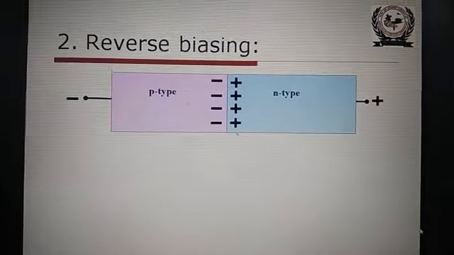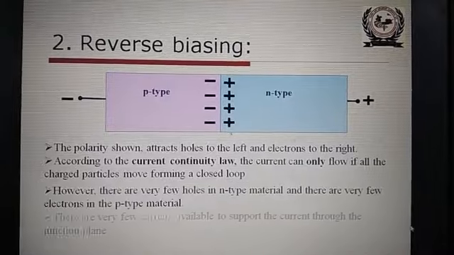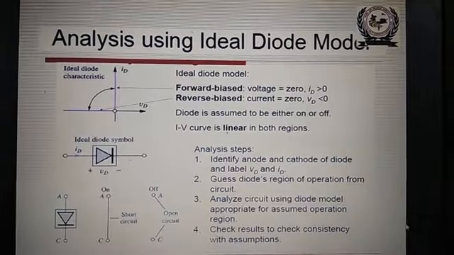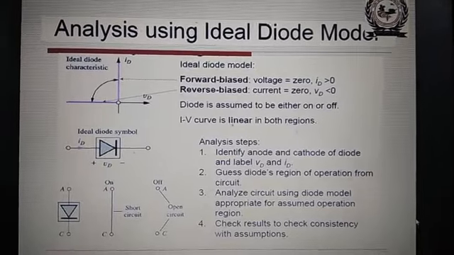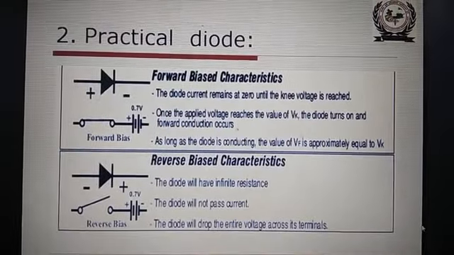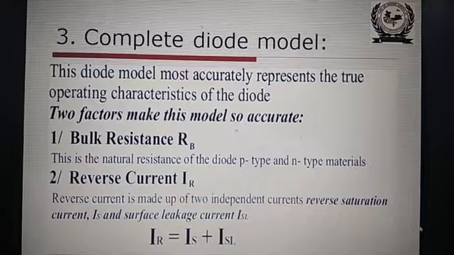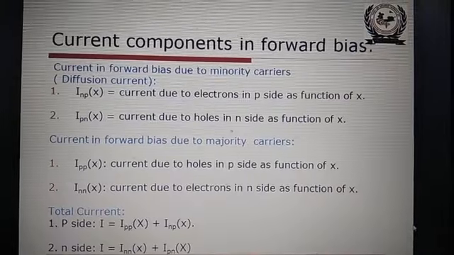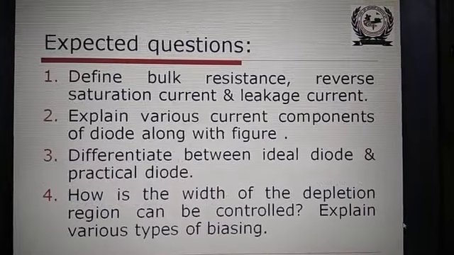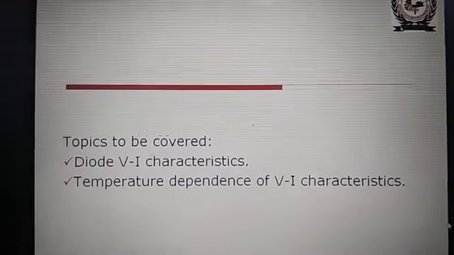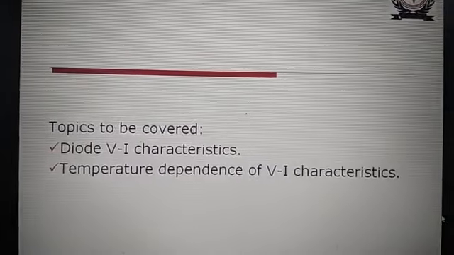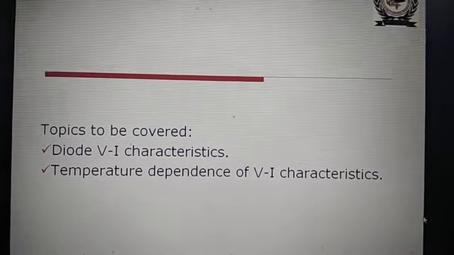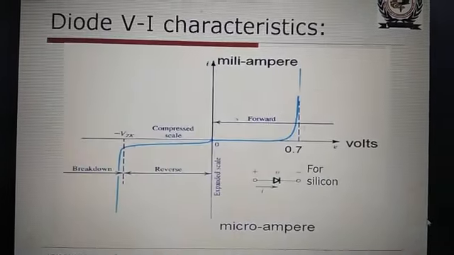Bulk resistance of the diode, reverse biasing resistance, and ideal diode, we have seen. Now today we will go through the VI characteristics of the diode and the temperature dependence of VI characteristics.